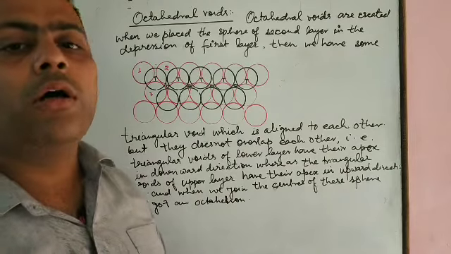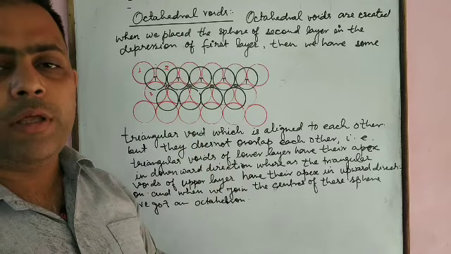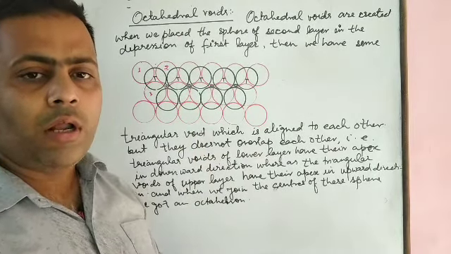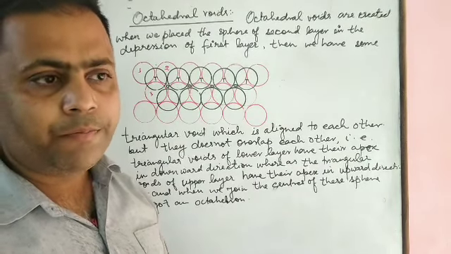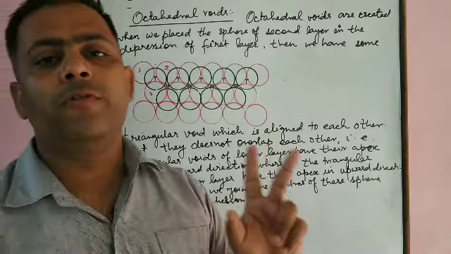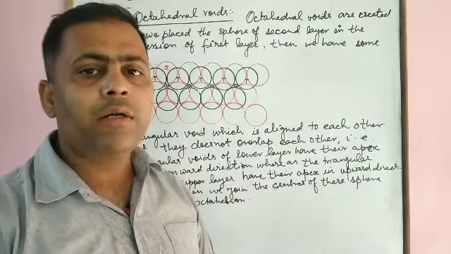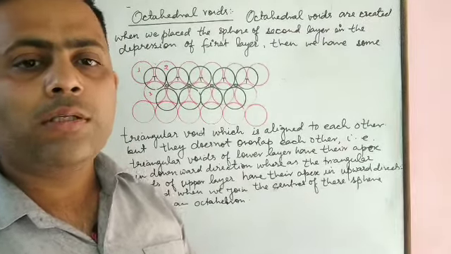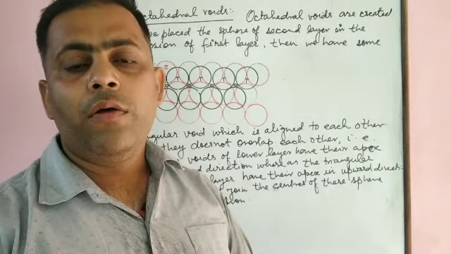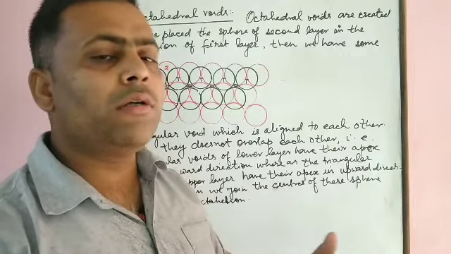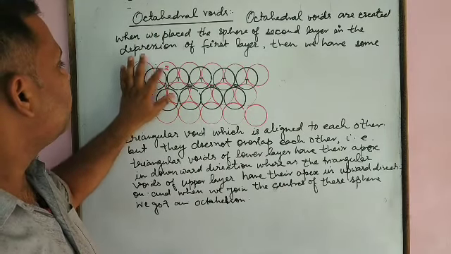Let us discuss octahedral voids once again. When we place the spheres of the second layer over the spheres of the first layer in their depression, then two types of voids are created. One is known as tetrahedral voids and the other is known as octahedral voids. Tetrahedral voids are created when the atoms are placed in the depression of the first layer.